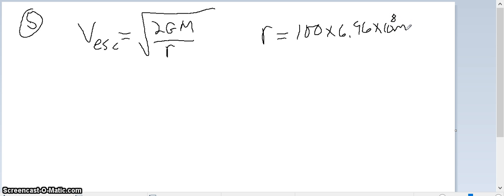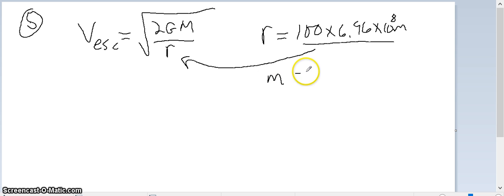So you multiply that number times 100, and of course you're going to use this value right here, and then for M you're going to use the mass of the sun, which, just to remind you, is 2 times 10 to the 30th kilograms. Once you have that, you'll get that escape velocity.